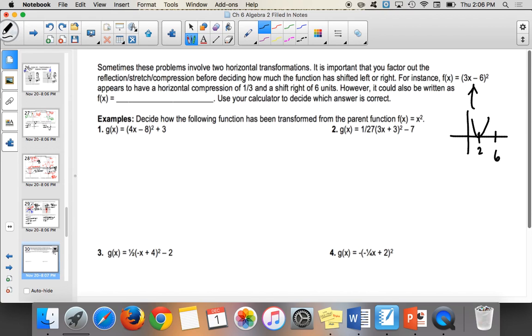So it could be written as 3 times (x minus 2), squared, which is really the same as if I square the 3. What do I do? So square the 3 and then leave this as (x minus 2) squared. It could be written as 9 times (x minus 2) squared.